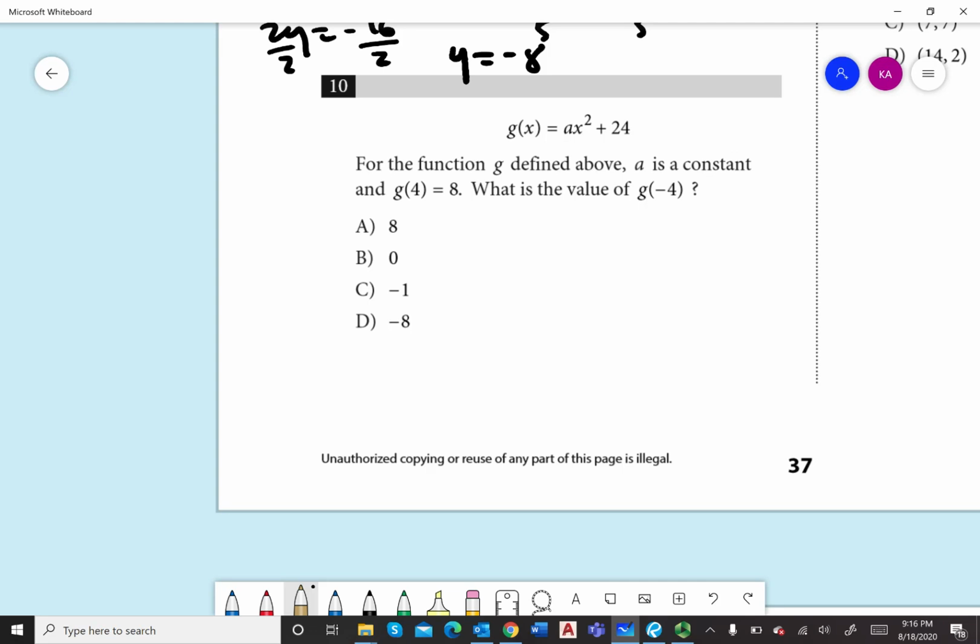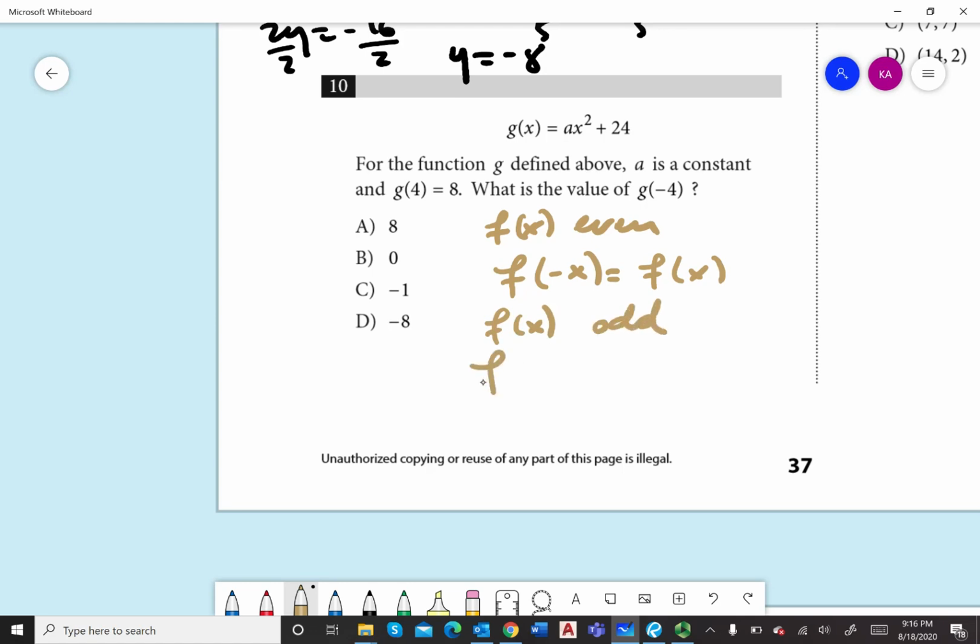So it is an even function, and if f of x is even, then f of negative x is equal to f of x. By the way, if f of x is odd, then f of negative x is equal to negative f of x. My apologies.